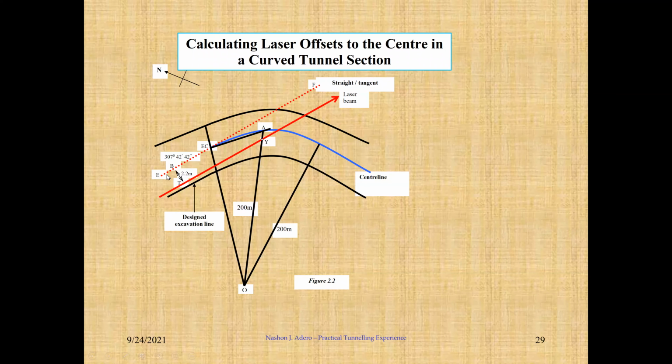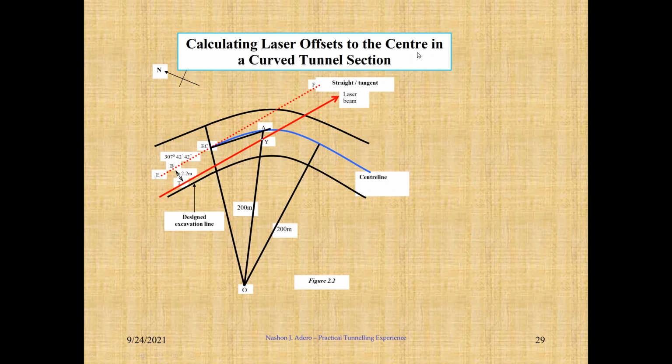For example, for this straight section, the straight that this curve is joining, you know, this curve is joining one straight section to the left and another straight section towards the right here. So this straight at a bearing of 307 degrees, 42 minutes, 42 seconds.